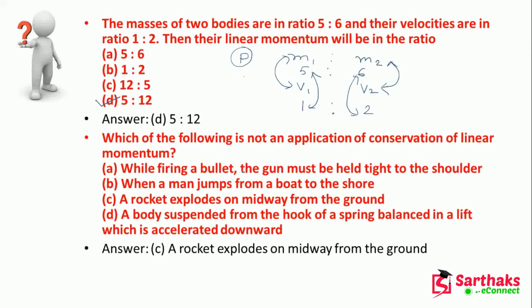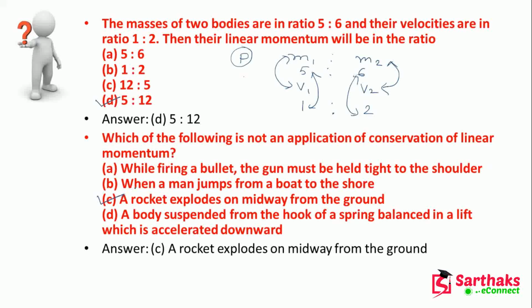Number 2 or B: when a man jumps from a boat to the shore, then a rocket explodes midway from the ground. A body suspended from the hook of a spring balance in a lift which is accelerated downward. So here the conservation of linear momentum will be applicable. You know that the rocket explodes midway from the ground.